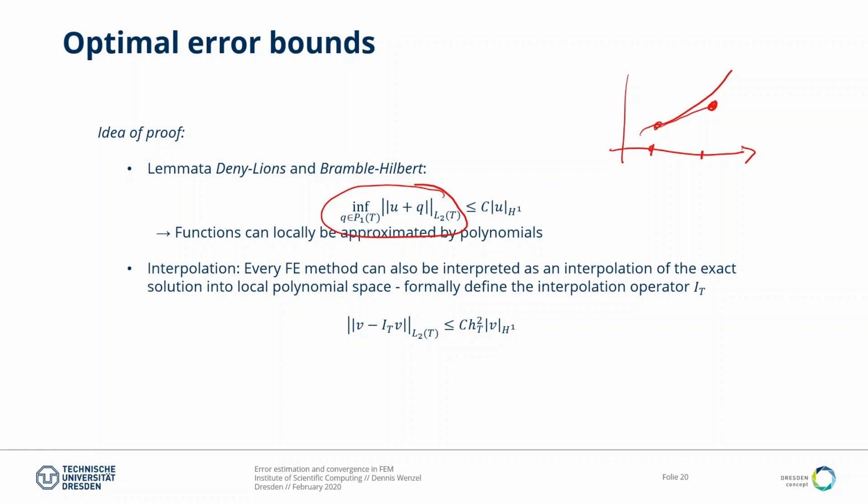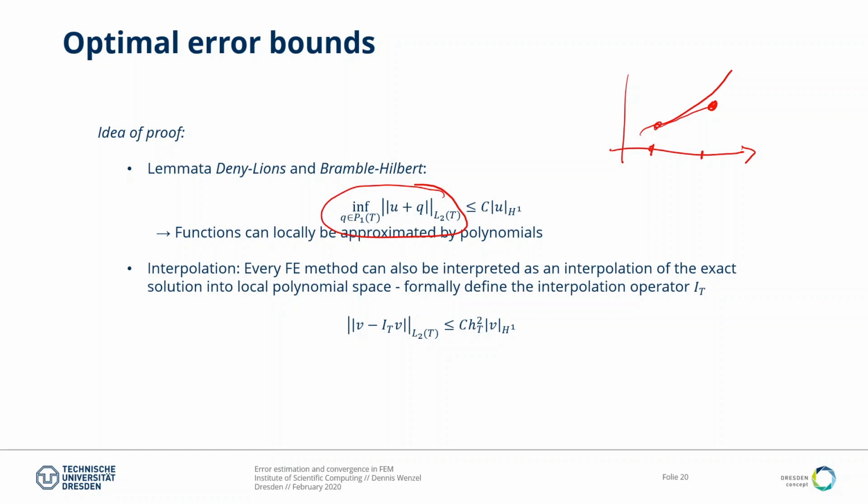And the second part is interpolation errors. So every finite element method, which is essentially supposed to do some solution process in your discrete space, can also be interpreted as an interpolation of the exact solution into your local polynomial space. So you could always say, instead of doing some solution process, I'm doing an interpolation.